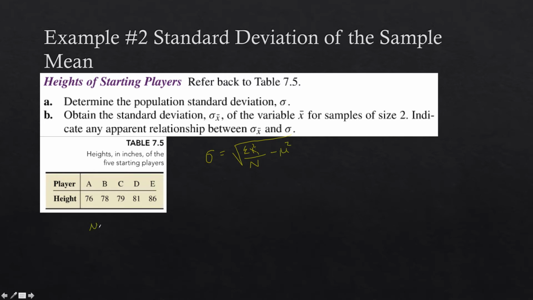We know the population mean of this data is 80. So we need to take our x values, 76, 78, 79, 81, and 86, and we want to square those.